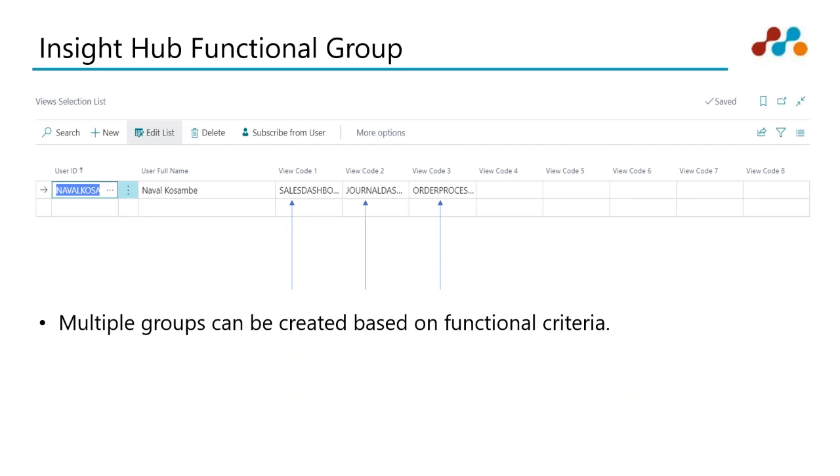We can have a maximum of 8 views assigned to a particular user. And there is an action called Subscribe User. From here you can subscribe other users to the same views, rather than typing in the username and then selecting the concerned views.